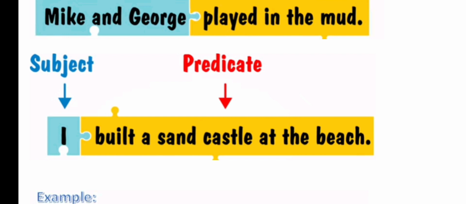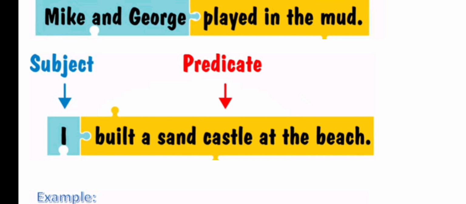So students, now listen carefully. From all these three sentences, we have seen Samantha, Mike and George, and I are subjects and the remaining parts are predicates. But have you noticed one thing? In the first one, Samantha, and the second one, Mike and George, are proper nouns, names of people. So they are nouns, okay. But what about this I in the last sentence?